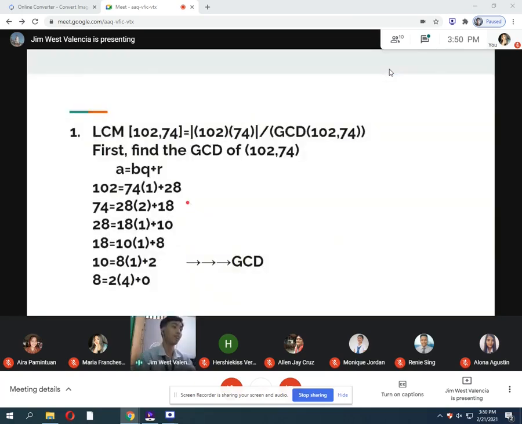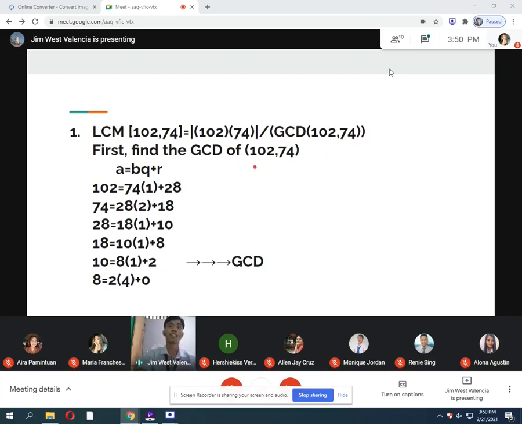First, so susunod muna natin siya sa formula na LCM, product of the absolute value of 102 and 74 divided by the GCD of 102 and 74. So, first, find the GCD of 102 and 74.